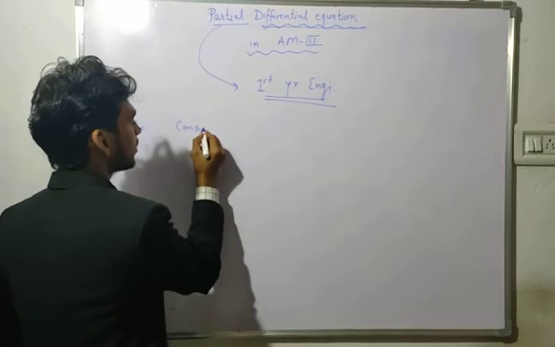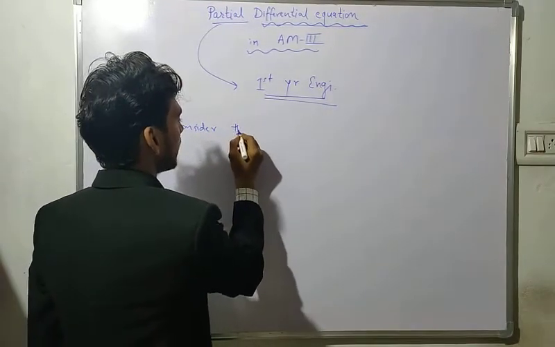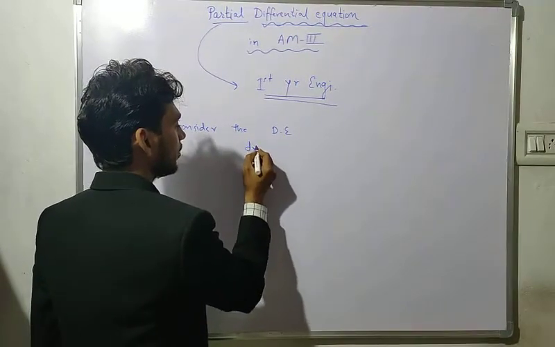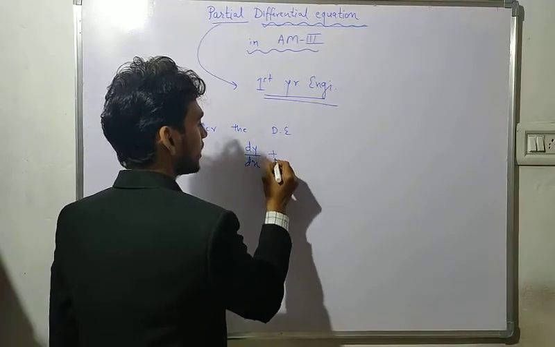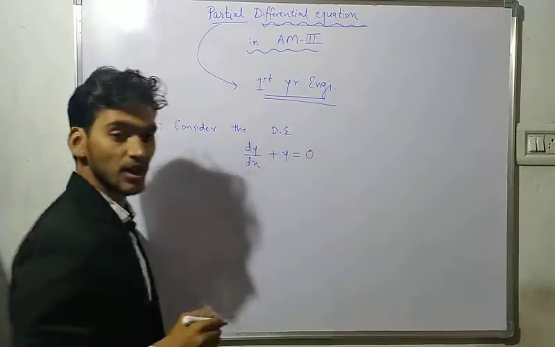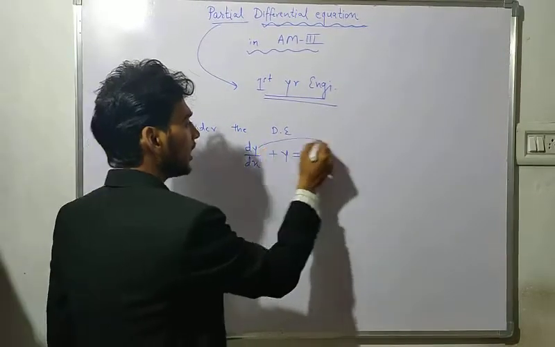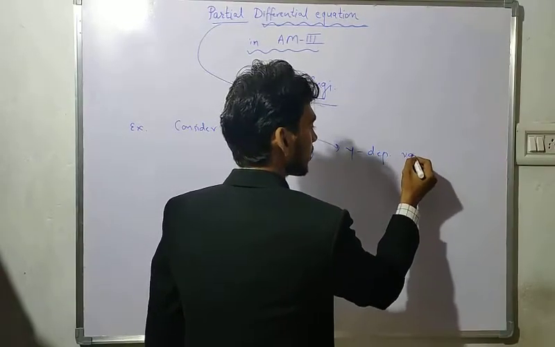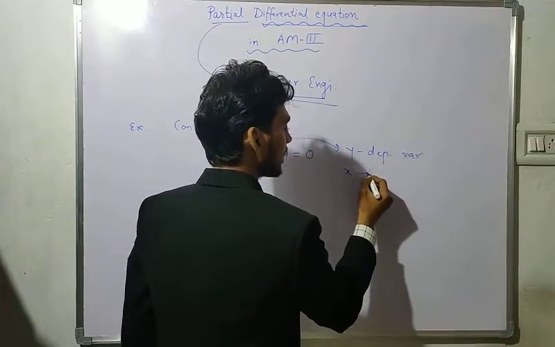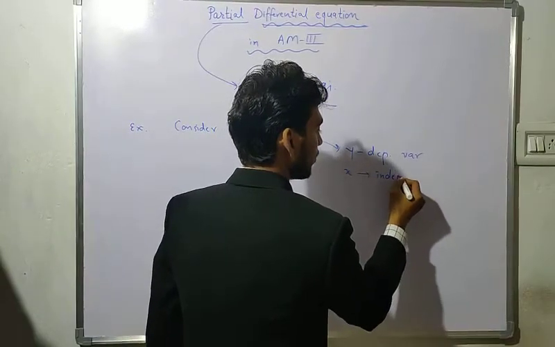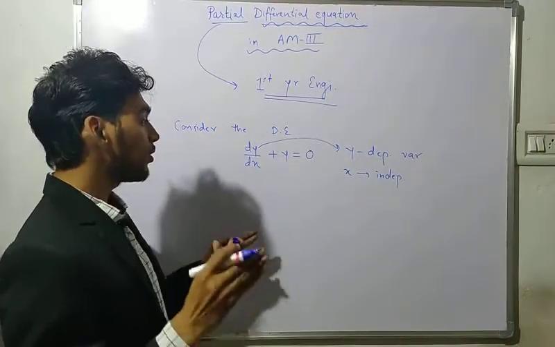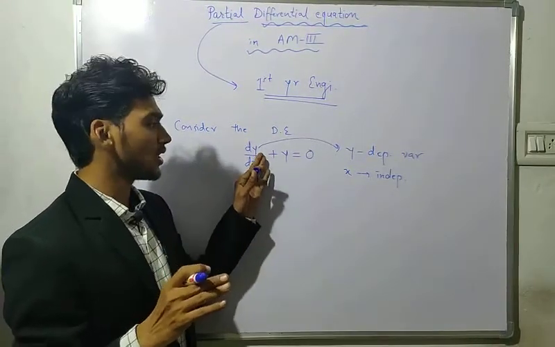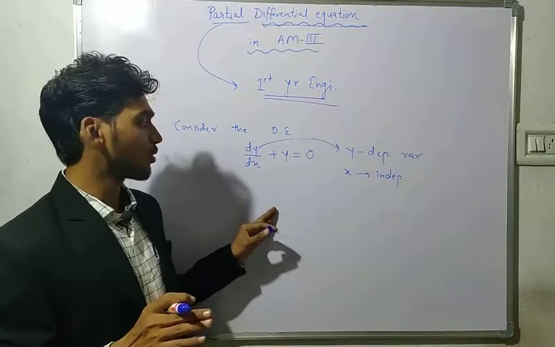Consider the differential equation dy by dx plus y equal to 0. We know that y is the dependent variable and x is the independent variable. And we know that a derivative is the rate of change of one variable with respect to another variable.